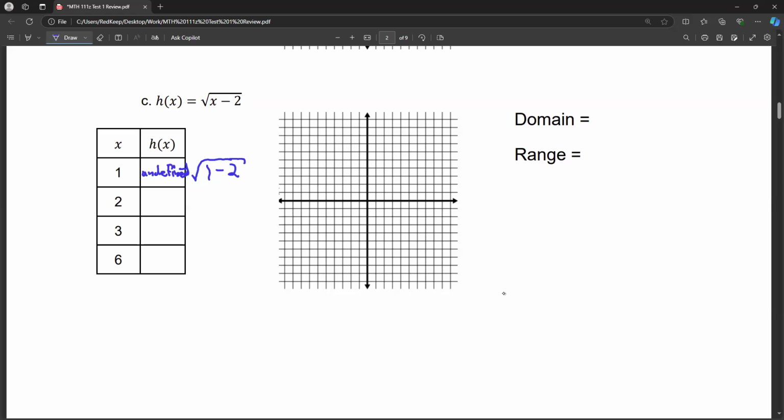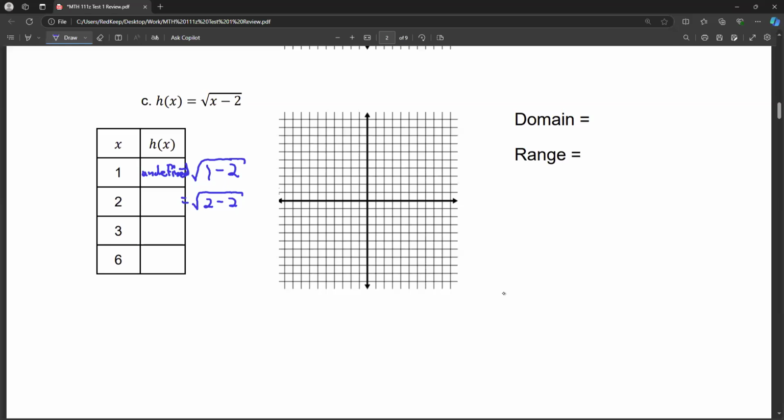Okay, so for the next one, we're going to plug in 2 as our x value. And so we have the square root of 2 minus 2. We combine 2 and minus 2, and that will be 0.